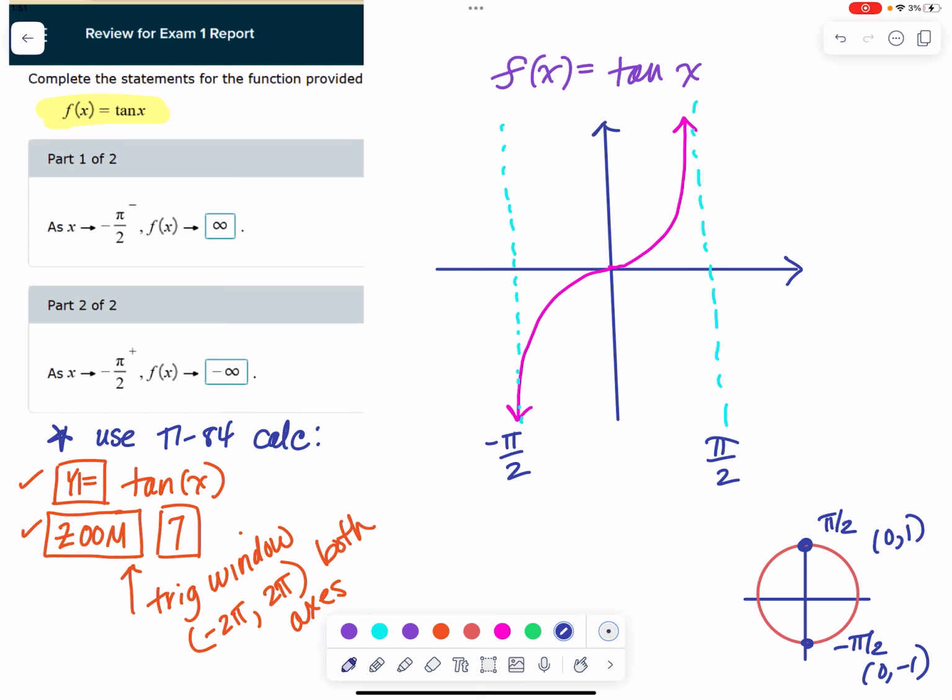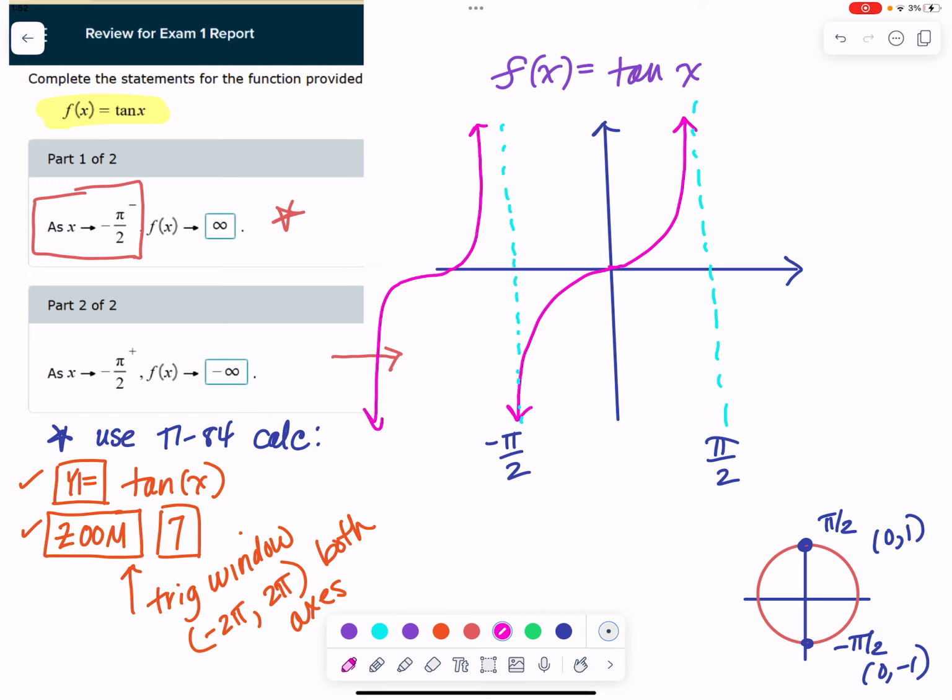Okay, let's work on this question. Let's first start right here. We're asked as x approaches negative pi over 2 coming from the left. So you're going to approach negative pi over 2 coming from the left. Now keep in mind that this graph is going to look like that again.